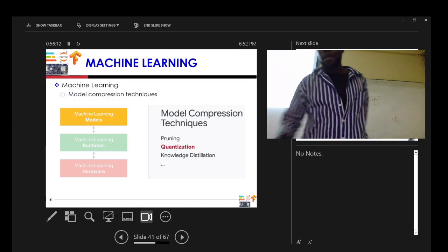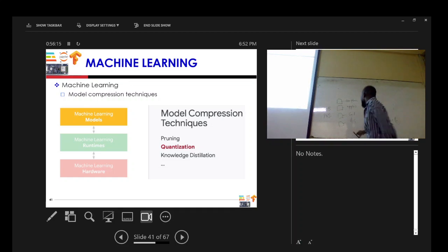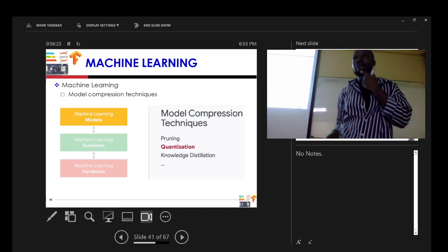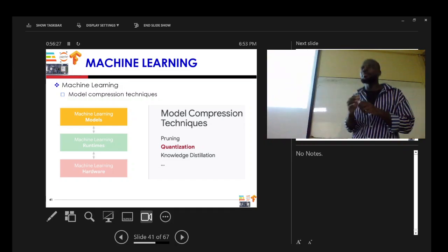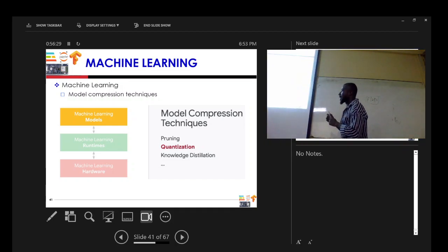Quantization. That one we did in the first semester, when we talked about sampling. If I take a typical number, let's say I have a four-bit number.